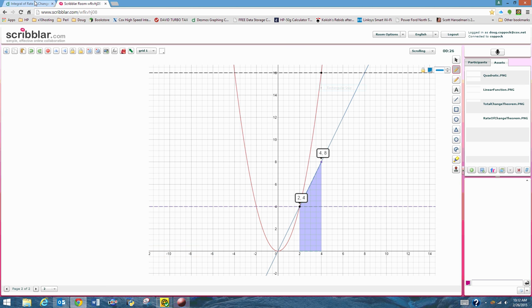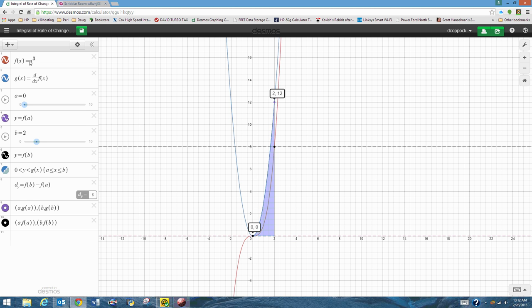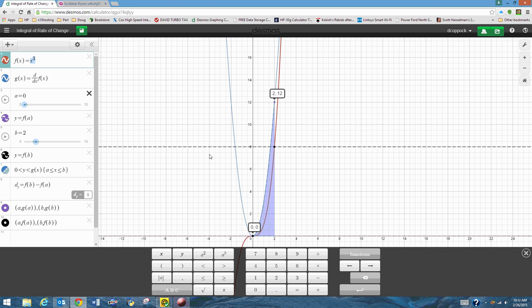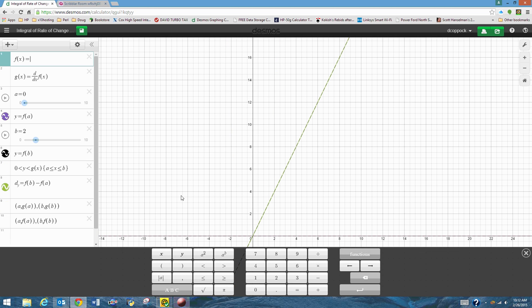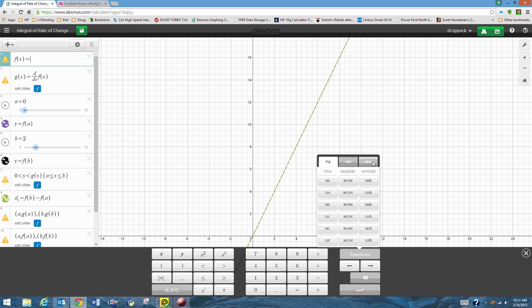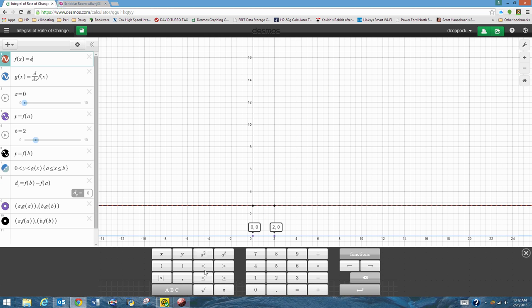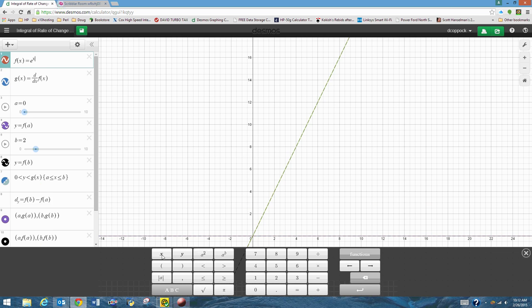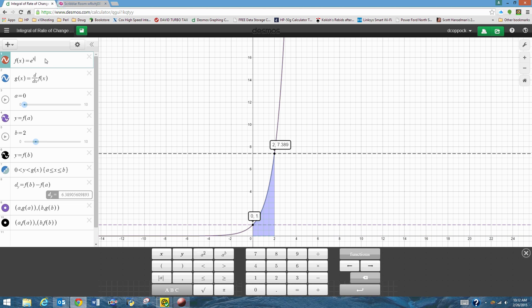I did want to go back here and change this f of x to e to the x and make mention of the fact that e to the x is the one function that has itself as its rate of change function.